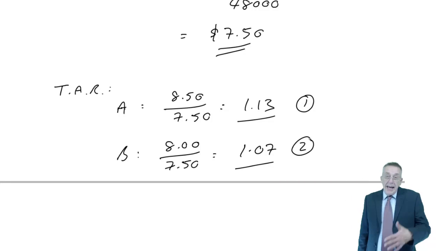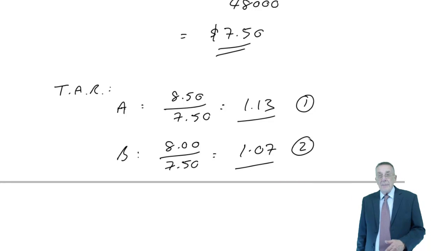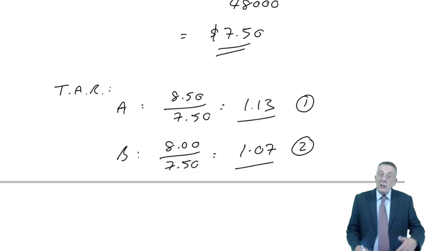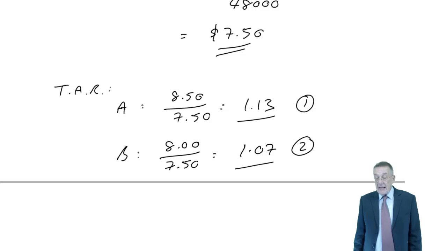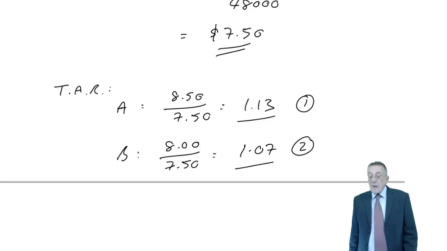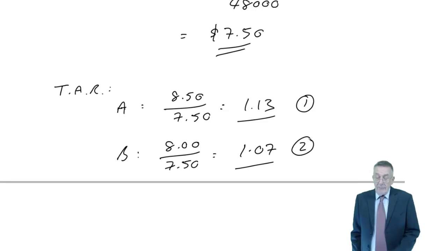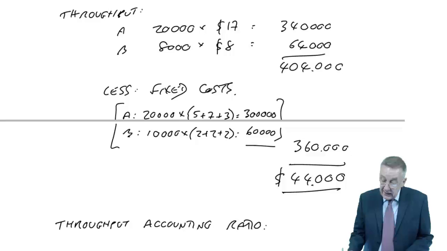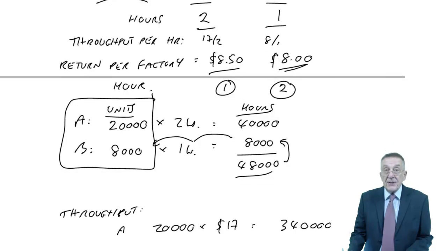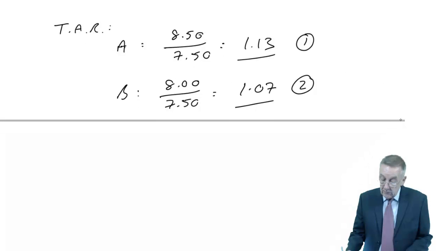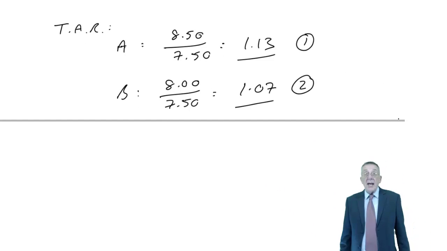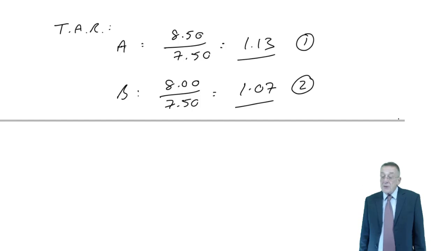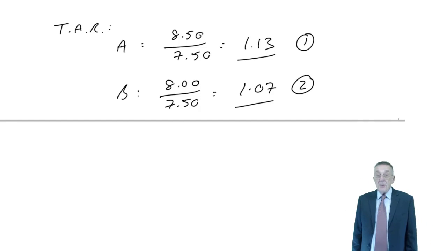So we should make as many A's as we can. Any hours left over, we will then make as many B's as we can. In some ways, this is rather irrelevant. We already knew that A was better and B was second best. Okay, in the exam, if instead of giving you a whole question, they just told you the throughput accounting ratios, then fine. A is the better.